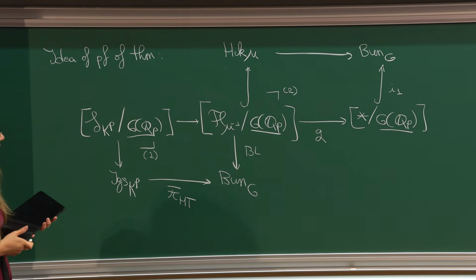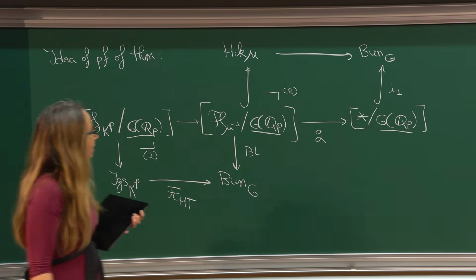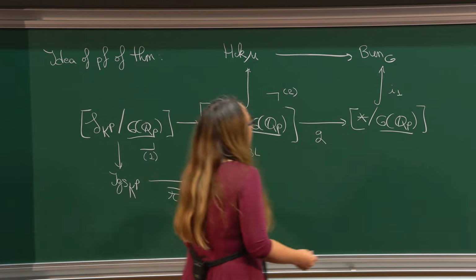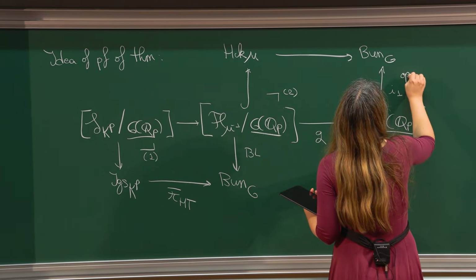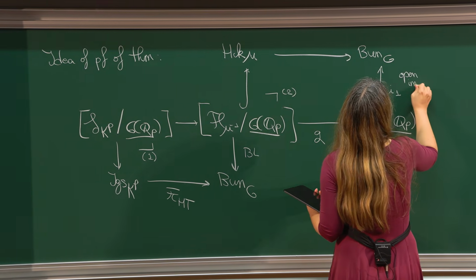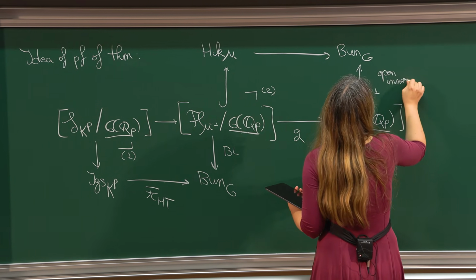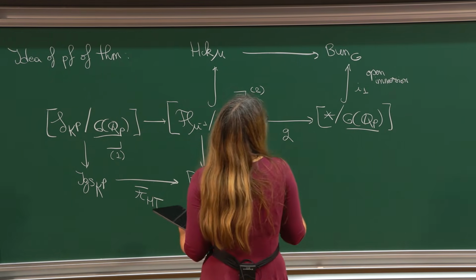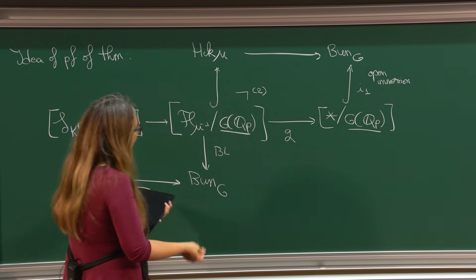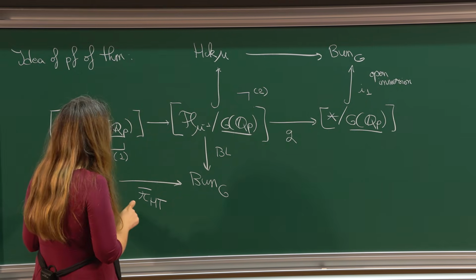Okay, and some other thing that I should tell you. So this one is an open immersion. So in particular, open immersions are smooth. In this world of p-adic geometry, you can say they're l-cohomologically smooth, a notion introduced by Scholze.